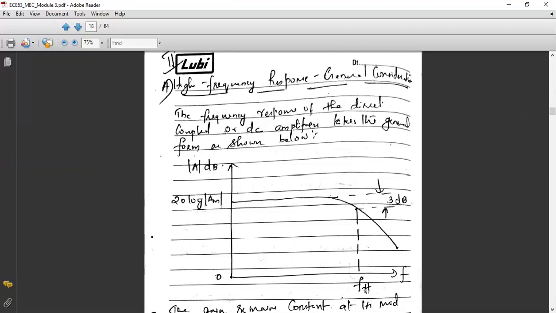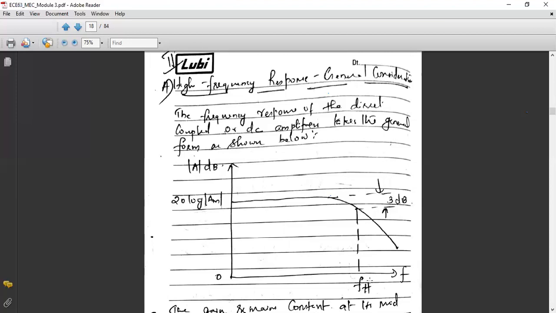This frequency fh at which the gain of the amplifier is reduced by 3 dB is known as the cutoff frequency. So what do you mean by 3 dB actually? 3 dB corresponds to the reduction of gain by what factor? 0.707, that is 1 by root 2, or in terms of percentage, 70.7% of the gain.